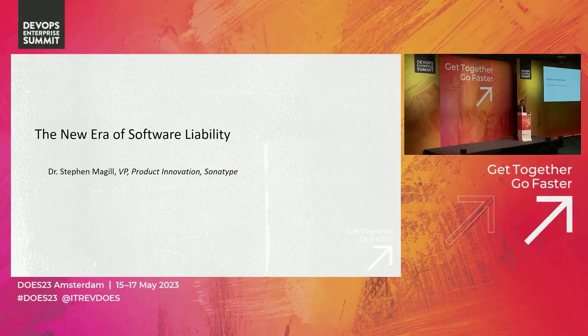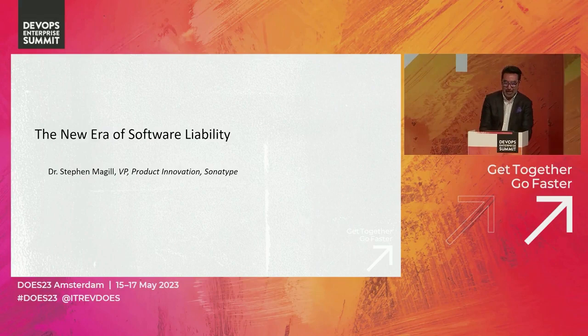The next speaker is Dr. Stephen Magill, who's been doing research in software security, static analysis, and development best practices ever since his PhD work over 15 years ago. So you heard him yesterday when he presented on Jevons paradox and the difference between price elasticity versus inelasticity.